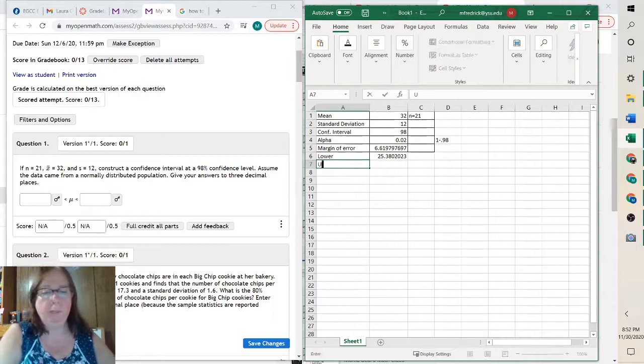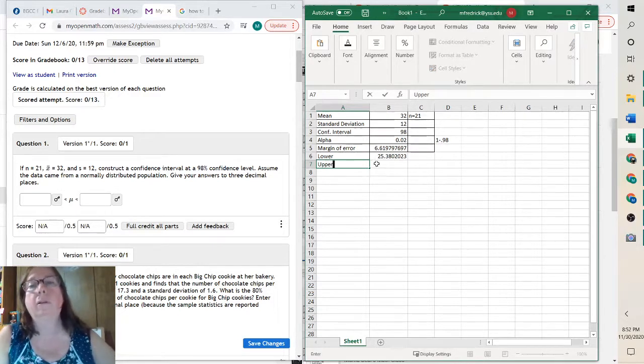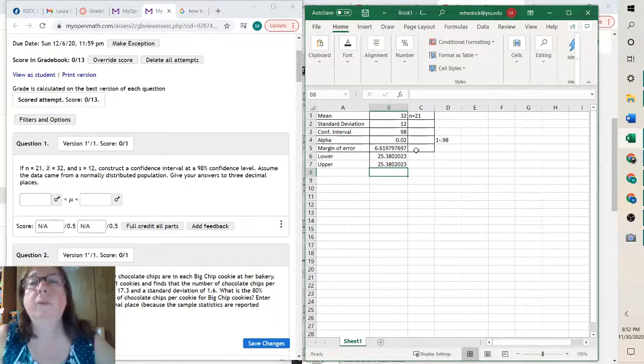And then for the upper value, back and put equals the mean minus the margin of error. Oops, I did minus both times.